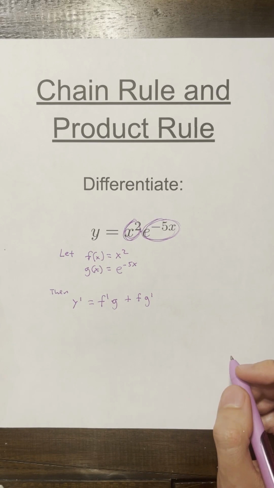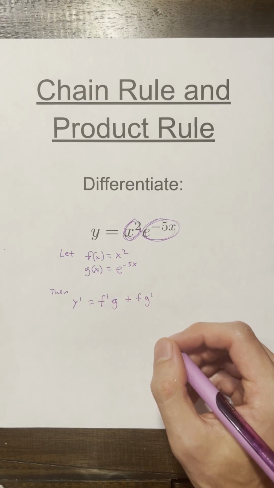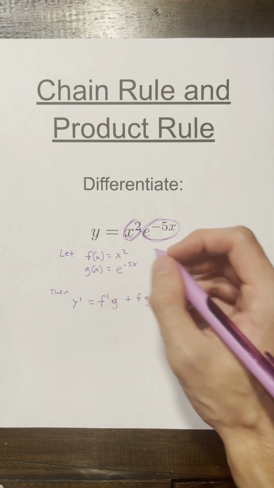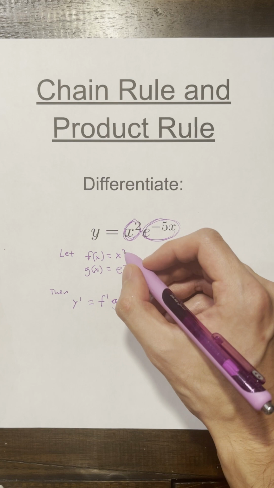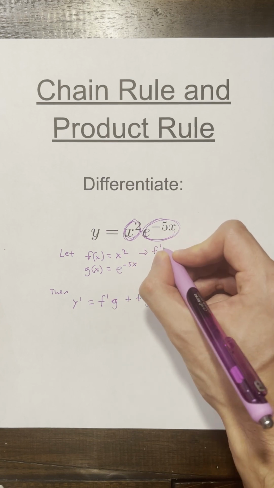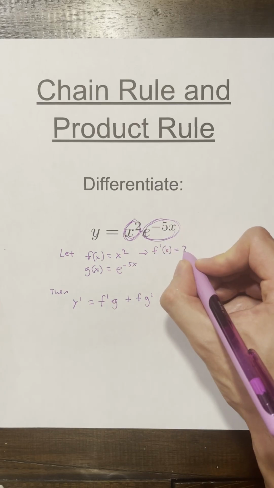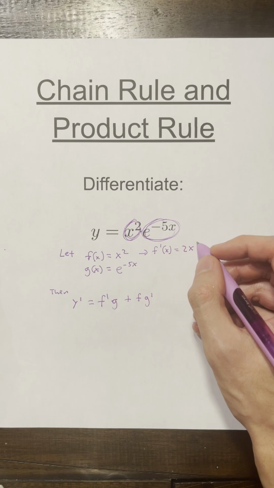Okay, so what's f prime then? What's the derivative of x squared? So I move the 2 here. Okay, so f prime is equal to 2x, and x gets raised to what power?